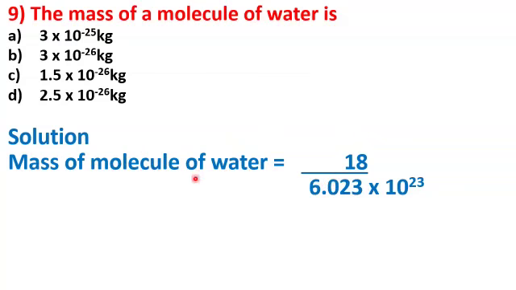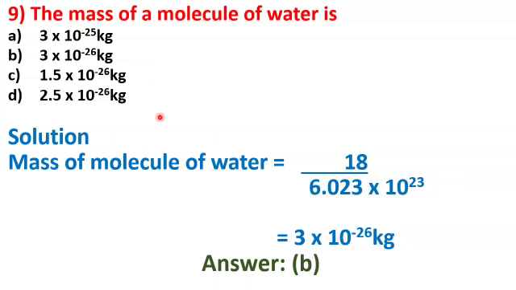So the mass of the molecule is equal to molar mass divided by the number of molecules in 1 mole of the substance, that is 6.023 into 10 to the power 23, the Avogadro number. Simplify, and you will get an answer of 3 into 10 to the power minus 26 kg. So hence the option is B.